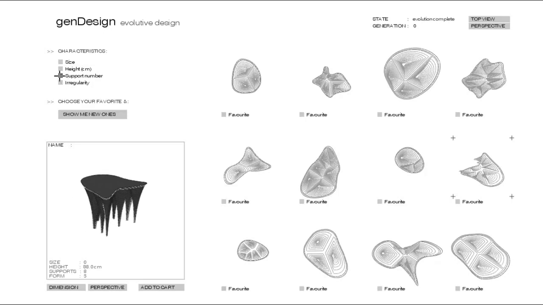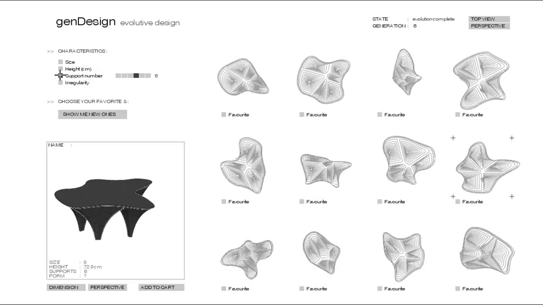So if we click on the support numbers, we're going to see that the whole species is going to evolve until it reaches the result wanted by the user.